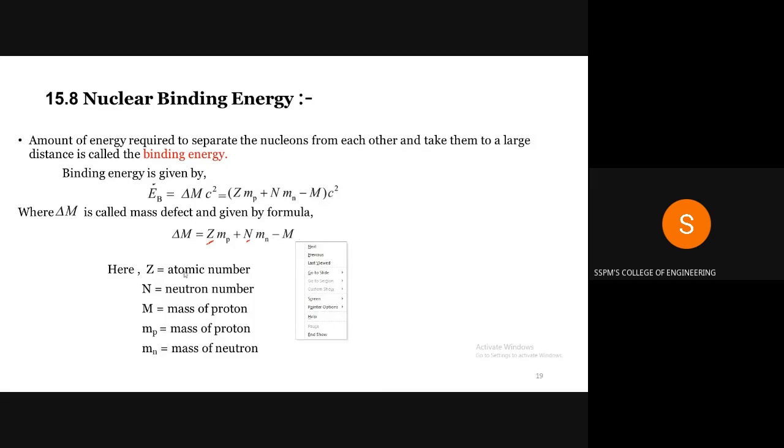Here Z is the atomic number, N is the neutron number, mp is the mass of proton, and mn is the mass of neutron. By that you will be able to find the mass defect, and by using this mass defect, you will be able to find the binding energy.